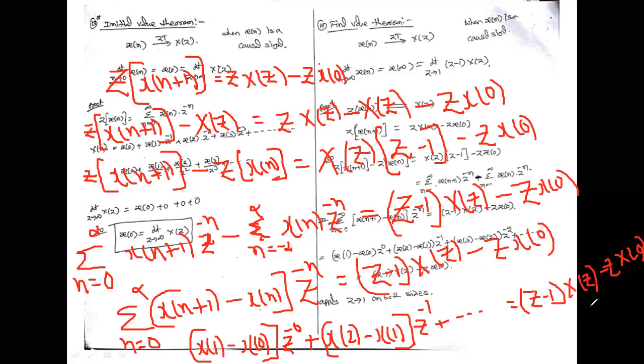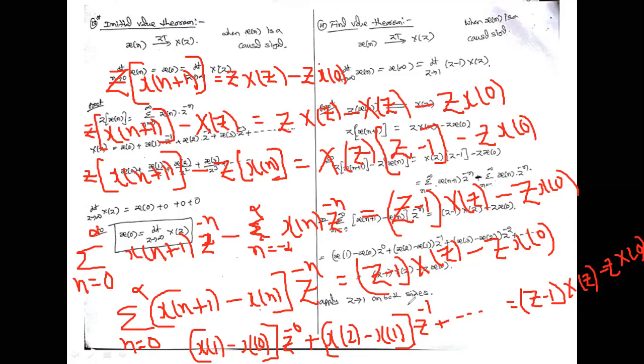What is z power 0 here? The value is 1 only.